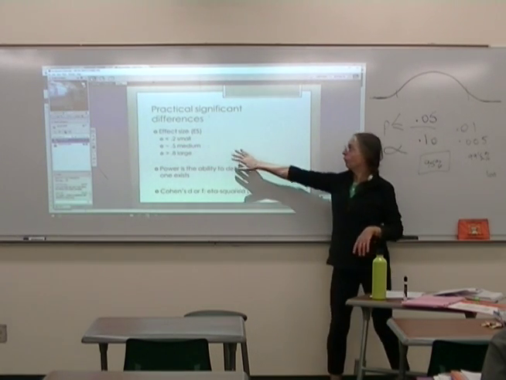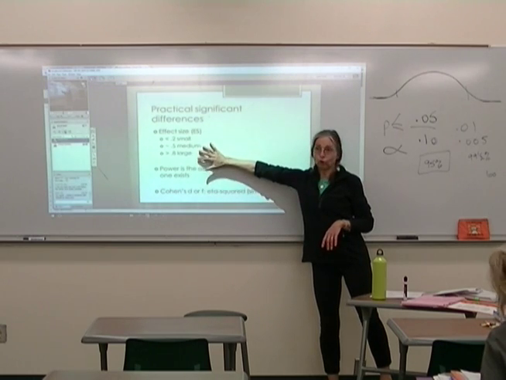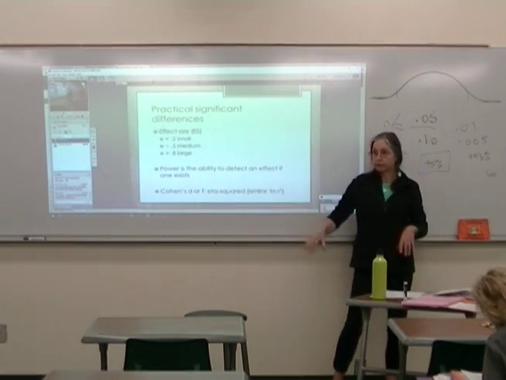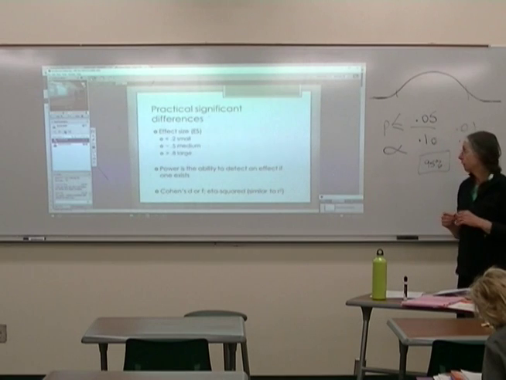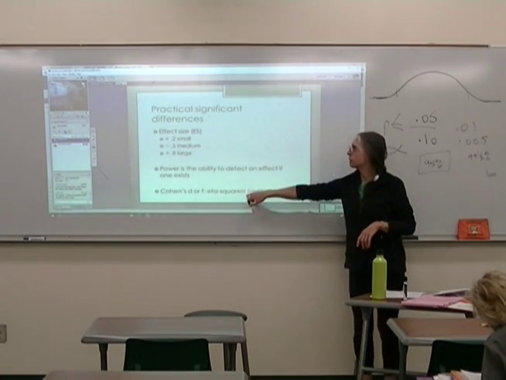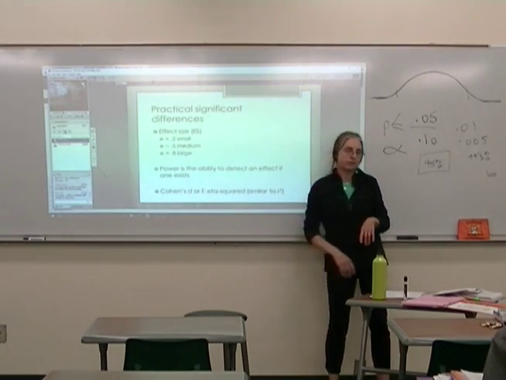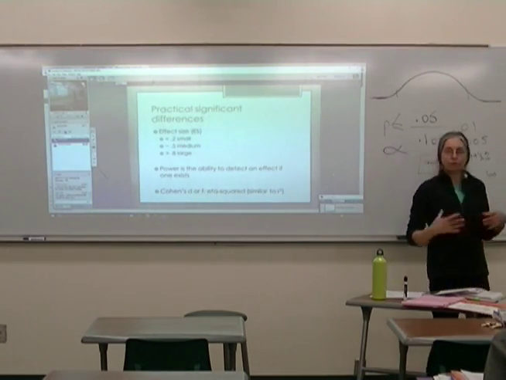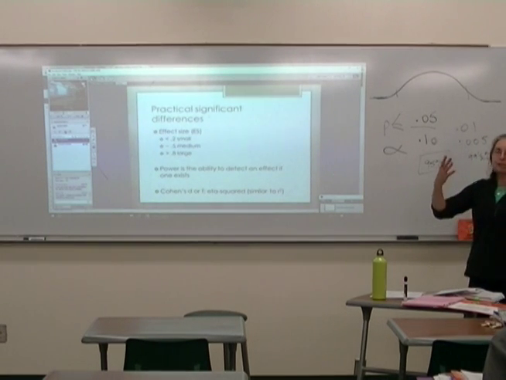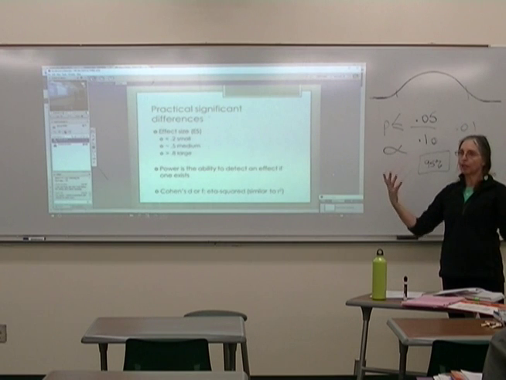And you want medium or large when you're looking at effect sizes. Eta squared is another term for effect size. R squared, you might see Cohen's d. They're all terms for effect sizes. It just depends which type of analysis and which kind of data you're looking at.